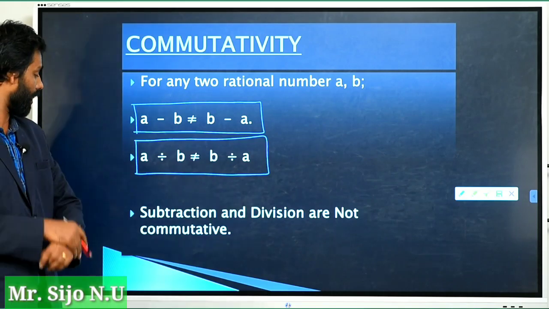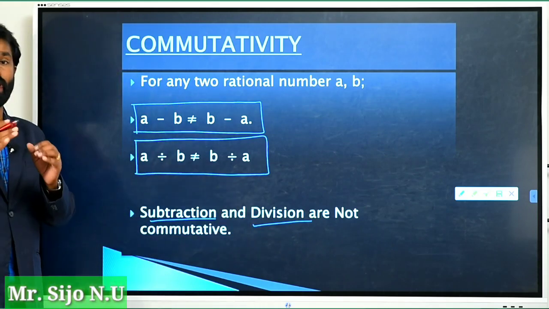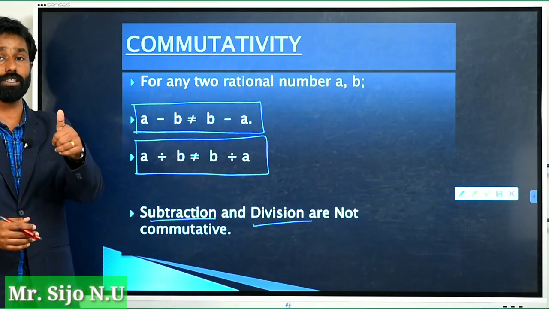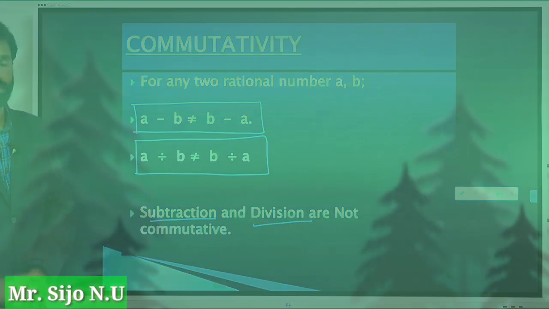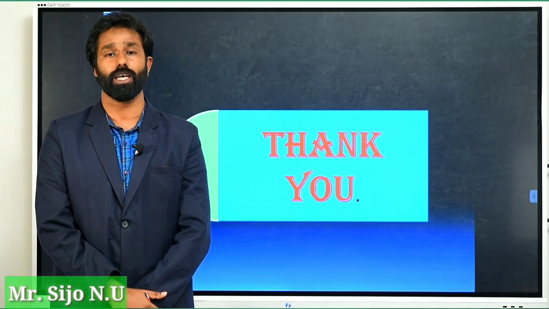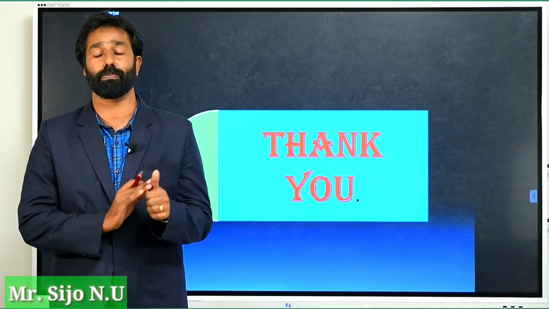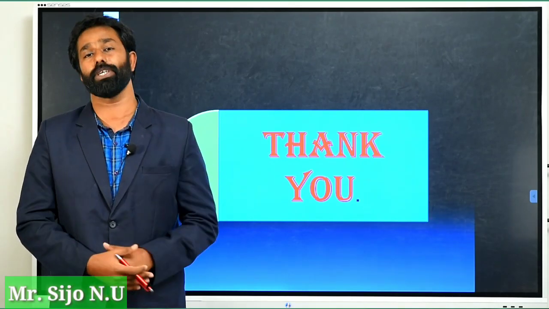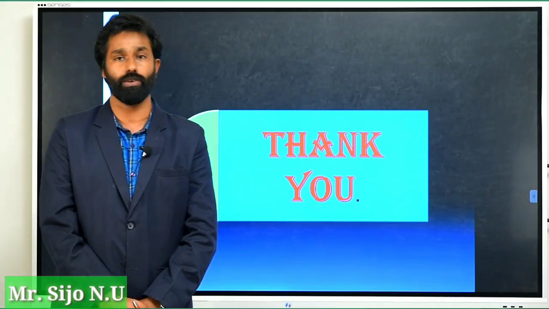So we can say that subtraction and division are not commutative, but addition and multiplication are commutative. Well students, what did we discuss today? Yes, rational numbers and their properties. The very first property, closure property, then the commutative property. Hope you understood those concepts. Thank you. Have a nice day.